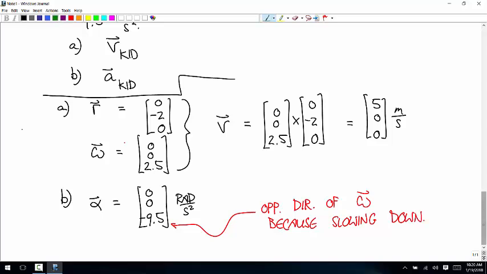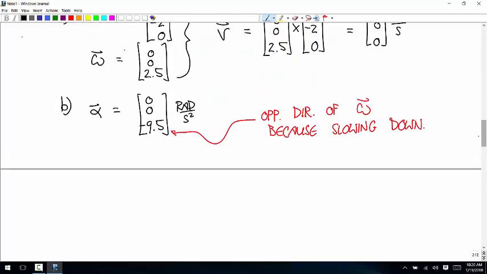And now we'll just plug that into the circular motion equation.